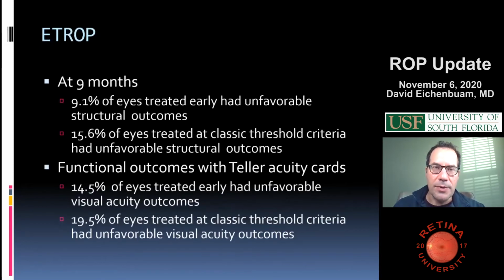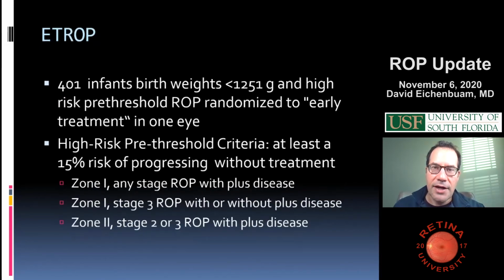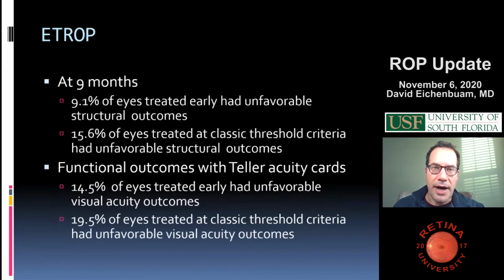What this showed is that when you treat pre-threshold ROP, which is a slightly different criteria than threshold, which you don't have to memorize, you had a significant reduction in the unfavorable outcome. So the point of this study is treating a little earlier is probably better than treating a little later. Of course, it's best to treat just right, like your porridge.